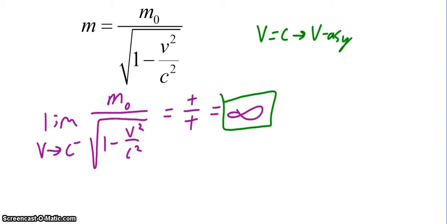However, it's still going to always stay less than 1. Because v is going to stay less than c, the denominator is going to stay positive, and I get positive divided by positive, which is going to be infinity. And I know that I was looking for a descriptive limit because when v equals c, that is going to be a vertical asymptote.